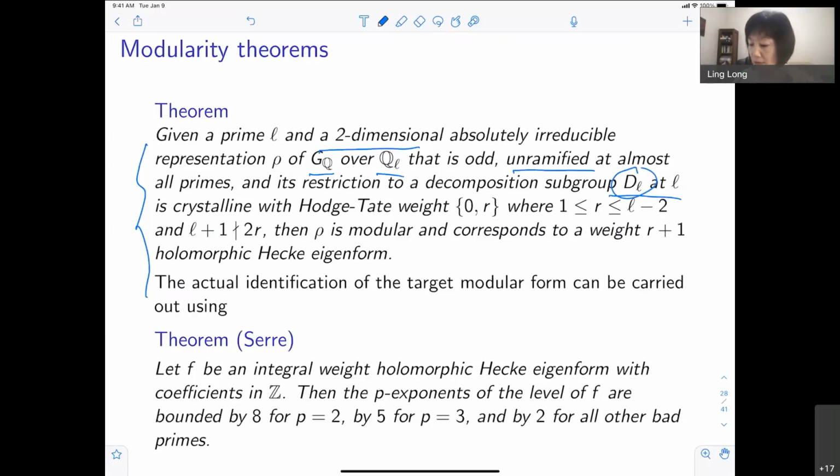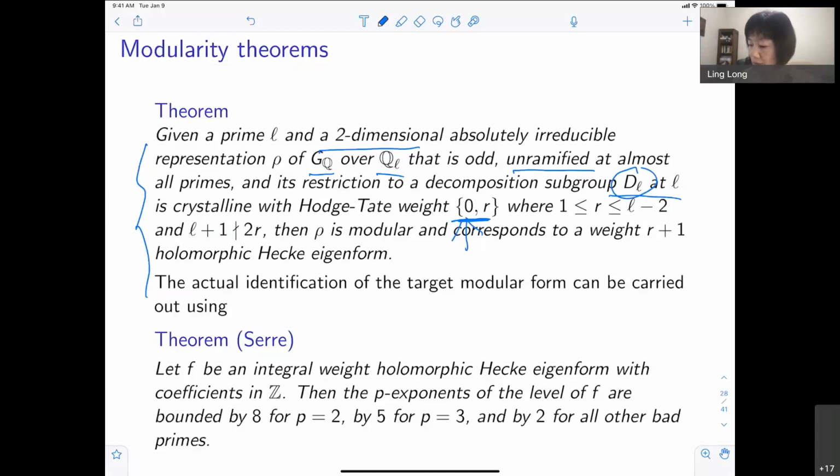And if you know it's crystalline with Hodge-Tate weight 0, r, and regarding the adjustment factor, I am doing the adjustment factor to make sure that a priori the representation I come up with may not have Hodge-Tate weight 0, and the adjustment factor is to make the minimal one of them be 0.